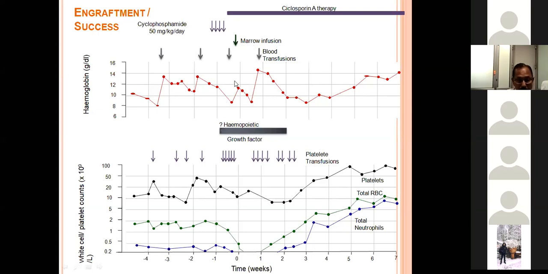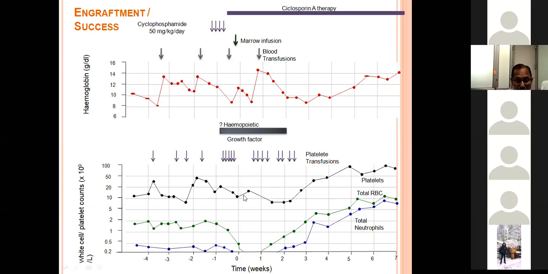So you transfuse the bone marrow here, and this is the time when the patient is maximally neutropenic and thrombocytopenic. Just see the black line and the blue line. The blue line is for neutrophils, and the black line is for platelets. And this red is hemoglobin. This is day 0. So to assess the success of a graft, you need to monitor CBC every day.